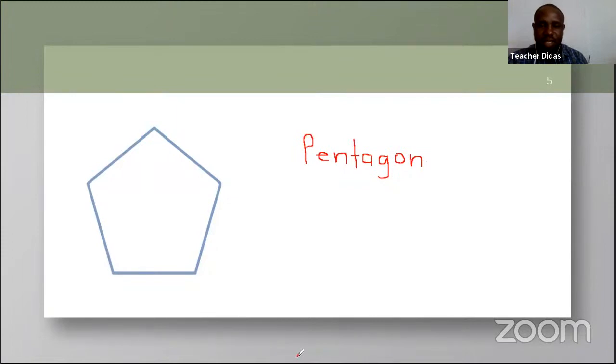So Martha knows that a figure which has 5 sides is called a pentagon. Can we all repeat? Pentagon. Can we spell the word together? P-E-N-T-A-G-O-N. Pentagon. Okay. A pentagon has 5 sides. 1, 2, 3, 4, and 5. See?